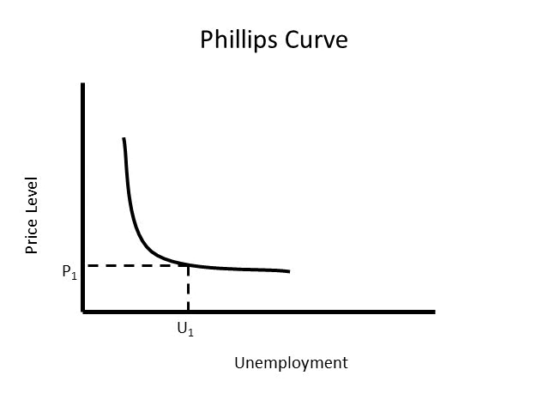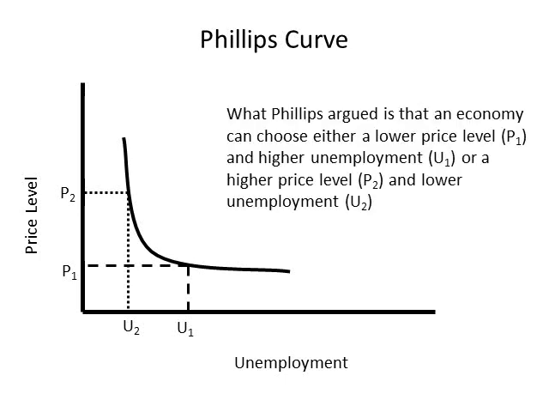If the unemployment level were to drop to a relatively low level, for example U2, the price level would be relatively high. Thus, an economy could choose between a relatively low level of prices and a relatively high unemployment rate, or a relatively high price level and a low unemployment rate, according to Phillips.